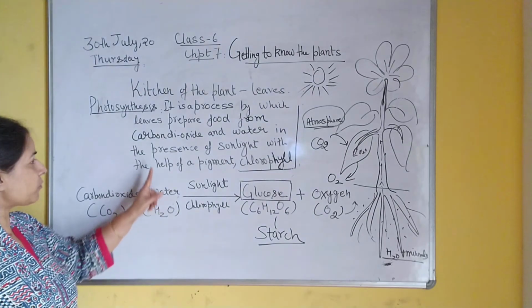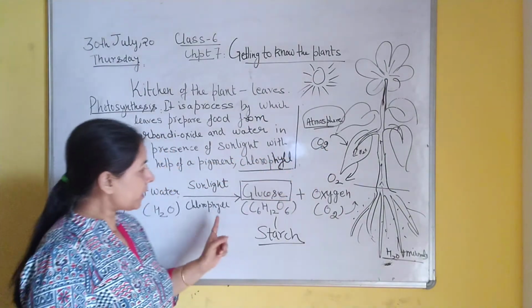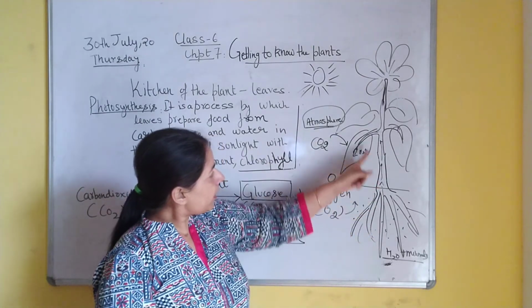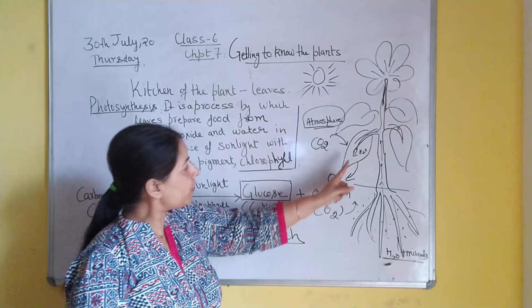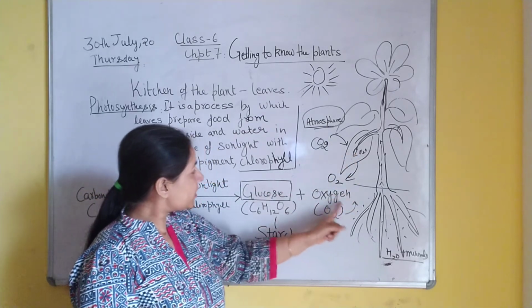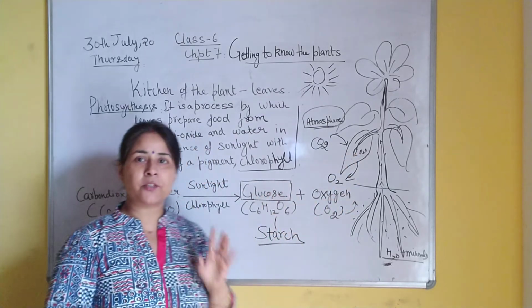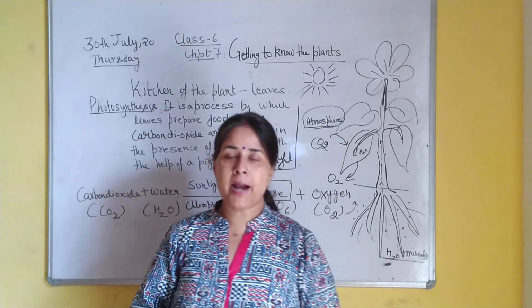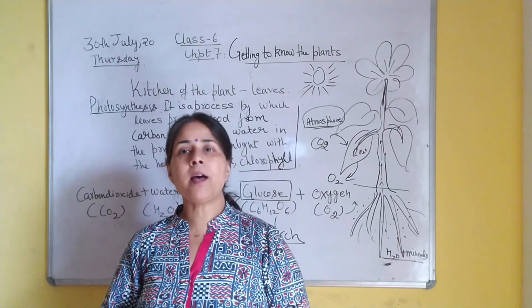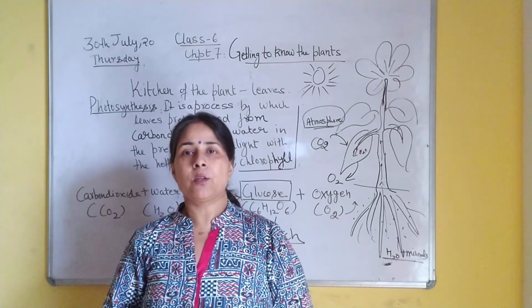Carbon dioxide comes from the atmosphere, water comes from the soil, and in the presence of sunlight, with the help of chlorophyll, oxygen is liberated and glucose or starch is made inside the leaf. Because of that, leaves are also known as the kitchens of the plants.